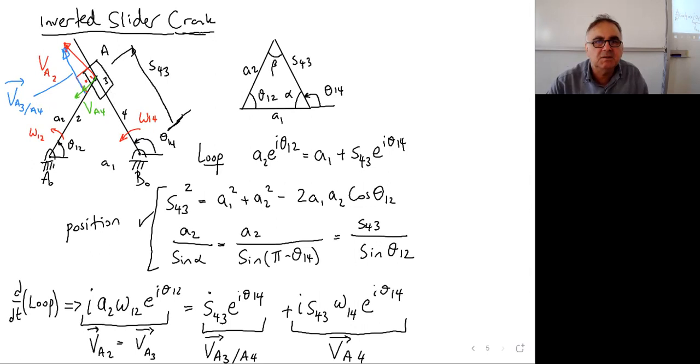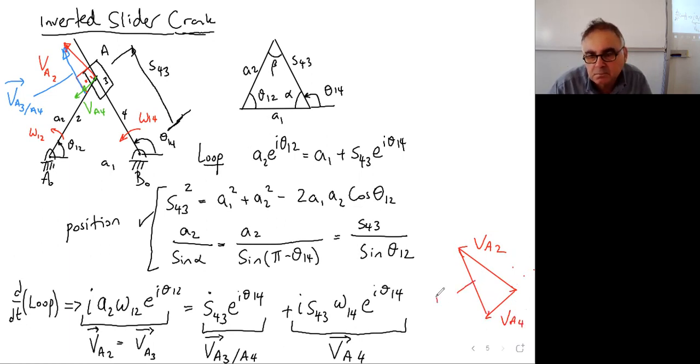So the real velocity triangle, if I draw it again, it has to be like this. This is something like this.